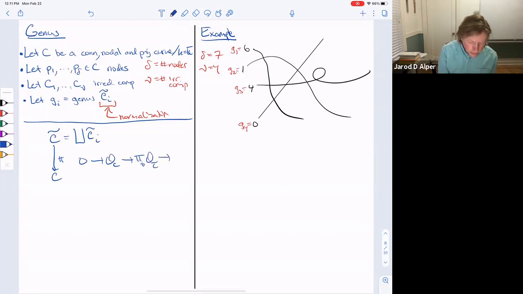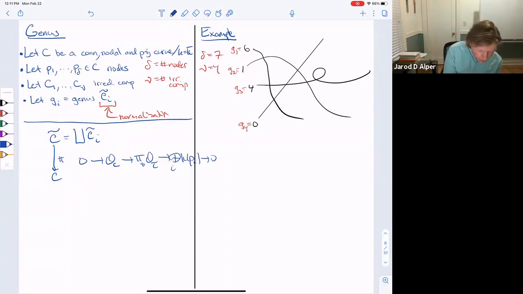So we know that the normalization map is birational, right? It's an isomorphism over the complement of the nodes. So the quotient of O_C pushed forward from the normalization is just the direct sum of the residue fields of the points p_i.